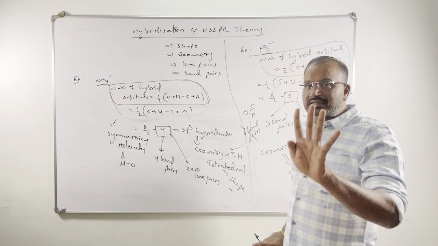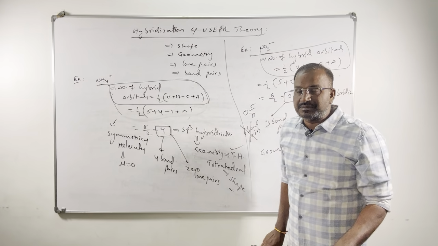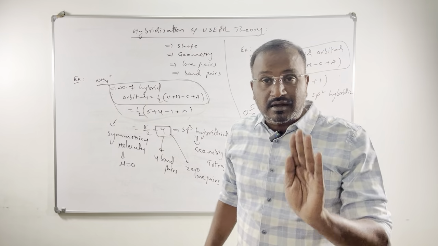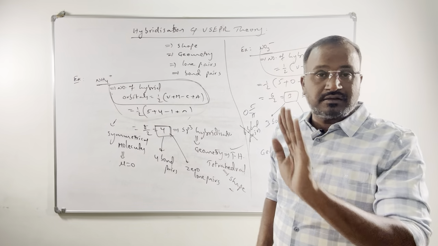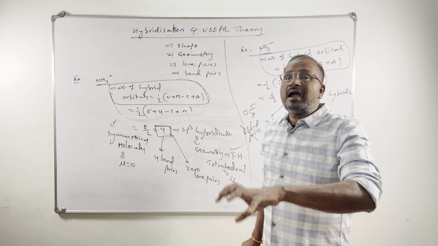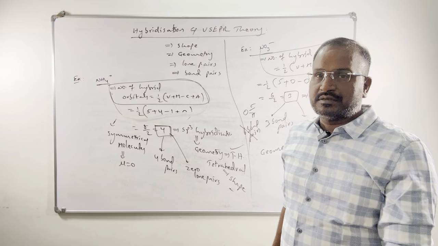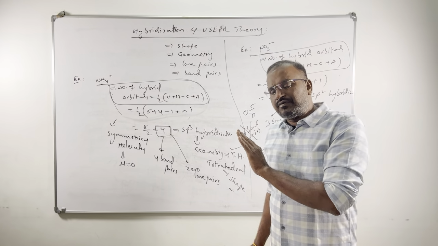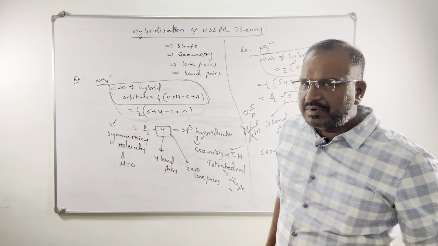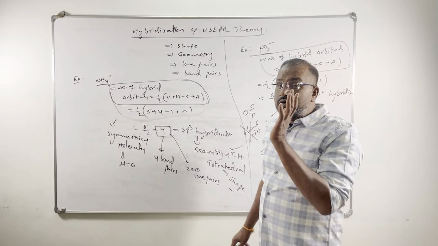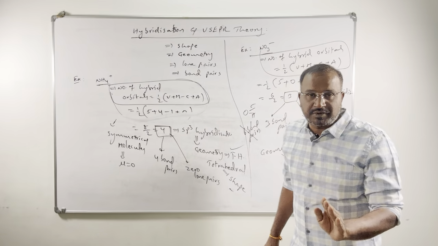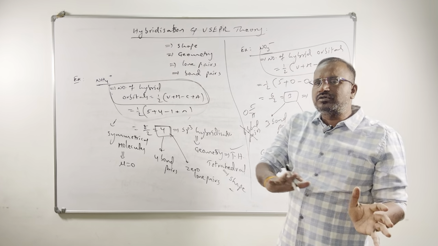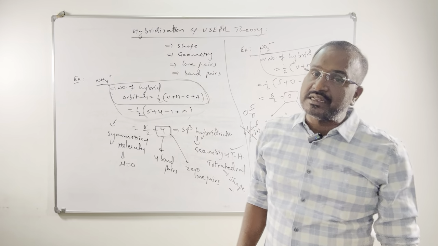And I have explained 3 examples only in this concept. Those 3 examples are not enough. Genuinely I am saying not enough. For this, add 12 more examples. It will become 15. So you will get a complete idea about hybridization and VSEPR theory. Don't take the same examples, the same hybridization example. Try to use different hybridization examples.